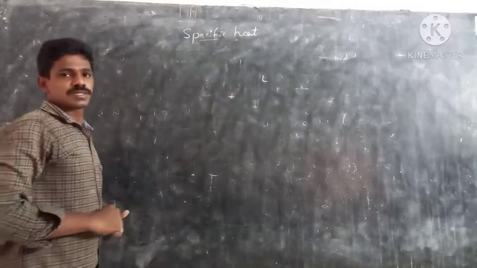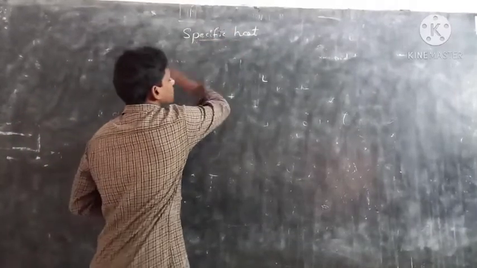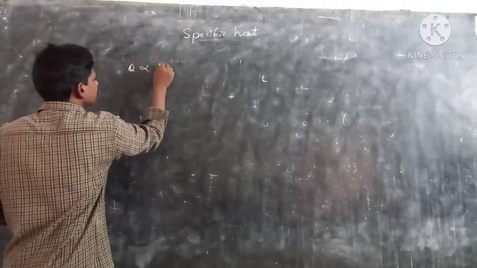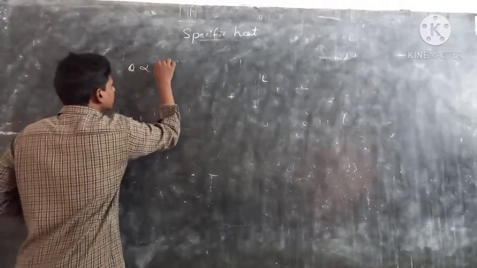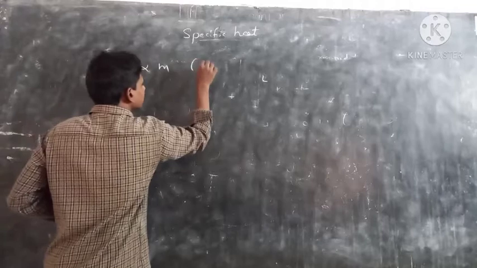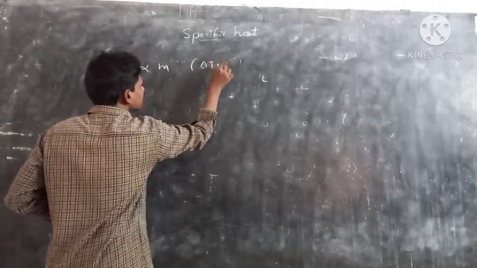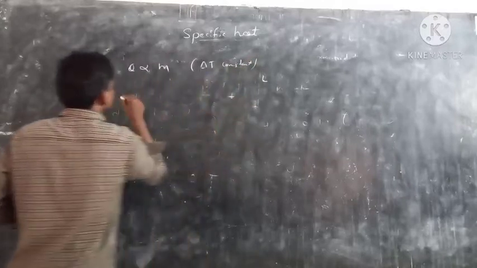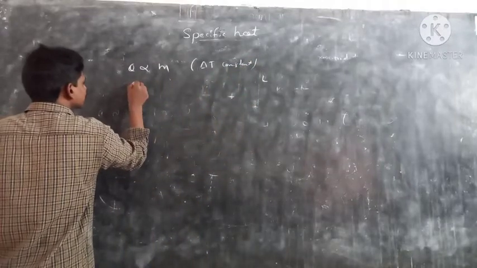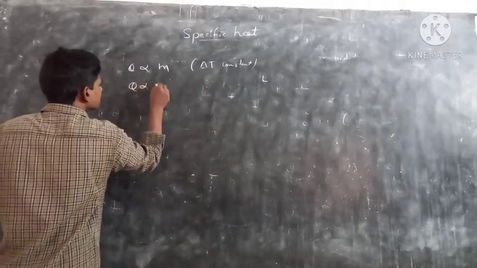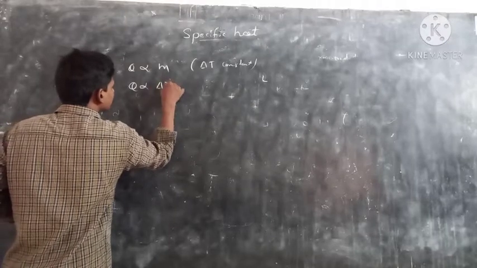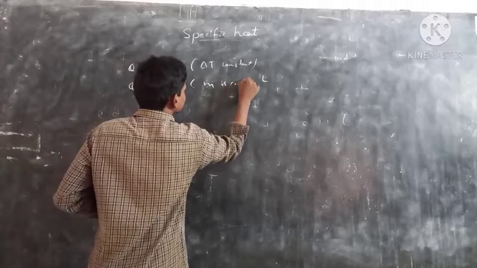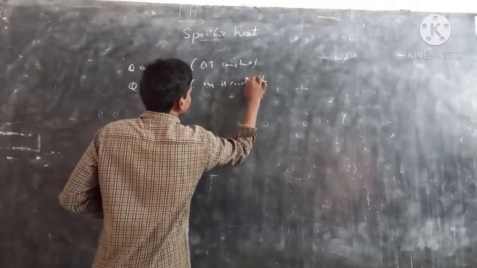From the two equations, Q is directly proportional to M, where delta T is constant, and Q is directly proportional to delta T when M is constant.